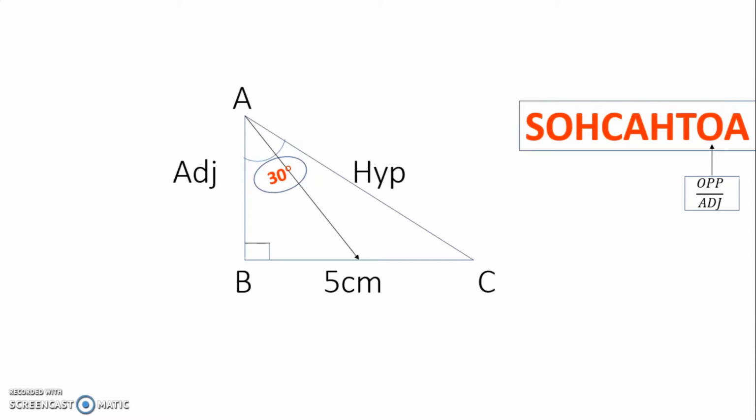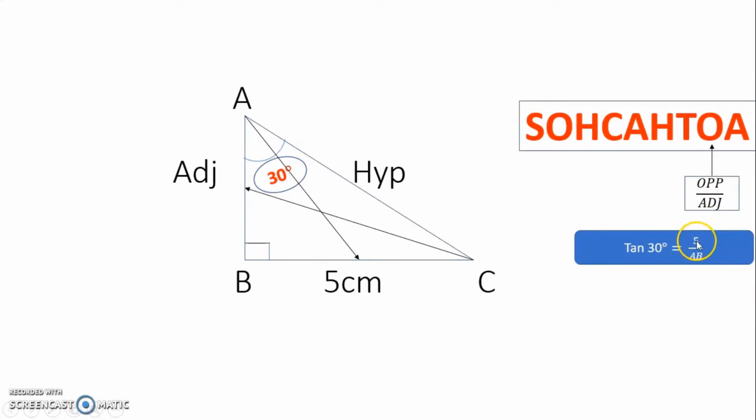So we have tan theta equal to 5 over AB.